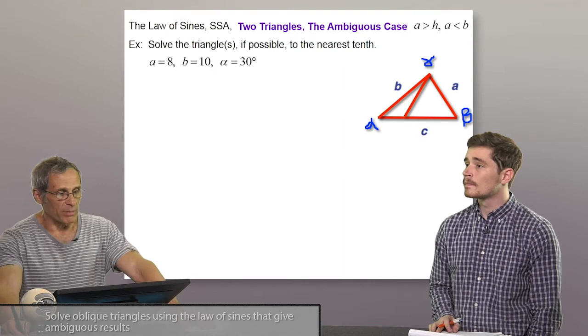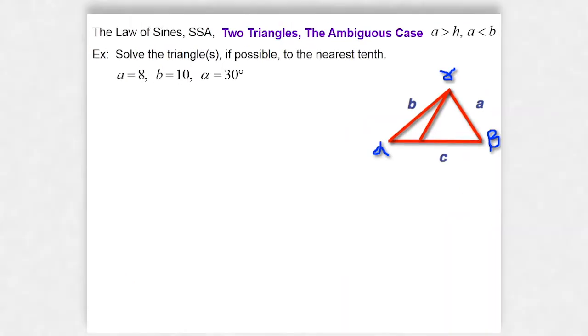So take a look at this problem. Little a is 8, little b is 10, and alpha is 30 degrees. So take a look at alpha, which is given. The side opposite it is 8, and the other side is 10. So the side opposite is less than the other side.